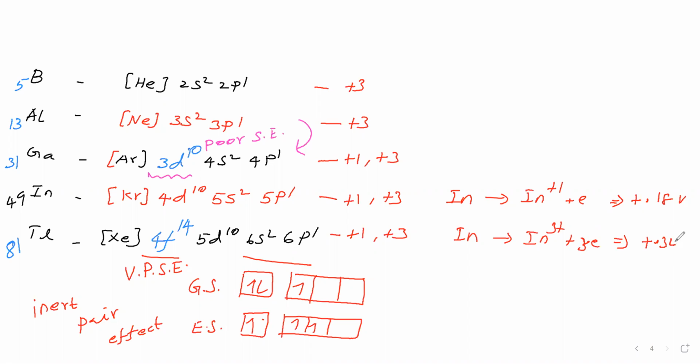So E naught for +3 is more when compared to E naught for +1. Therefore, +3 stability is more when compared to +1 stability. In the same way, for gallium +3 stability is more and +1 stability is less.